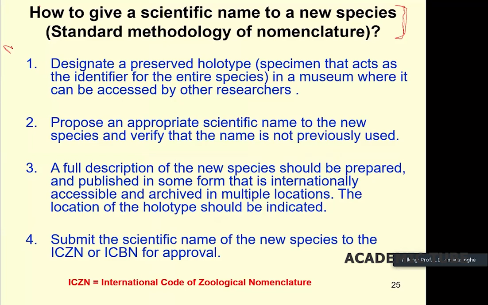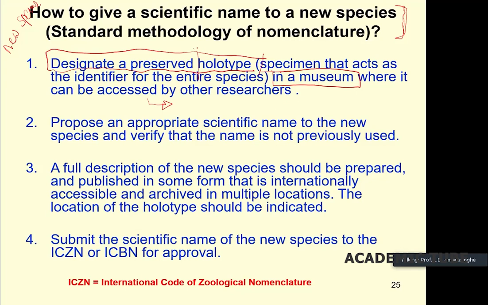First, you have to check with the available classification and identification guides whether it has been identified previously. If not, you have to deposit a preserved specimen in an available national museum where it can be accessed by others for research, because it is the only individual found, firstly by no one else, only you.